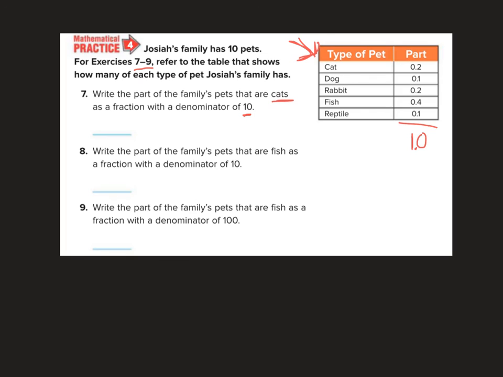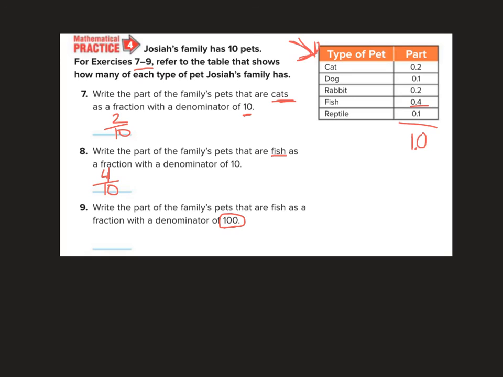Okay, so write the fraction that are cats. That would be 2 tenths, or 2 out of 10 are cats. Write the part of the family's pets that are fish. Okay, fish, 4 tenths. And write the part of the family's pets that are fish as a fraction with a denominator of 100.